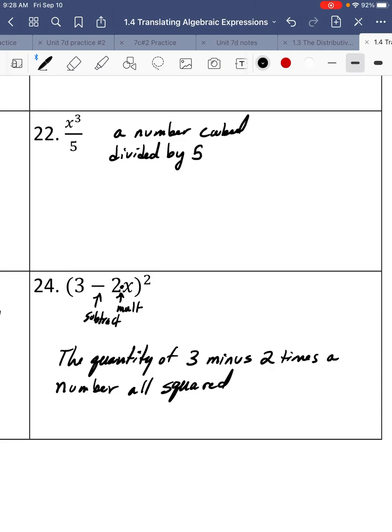Something to that effect. You could have something simple like 3 minus 2 times x quantity squared. That's kind of a simpler way of saying it. That would work also. All right, come to class with any questions on any of these.